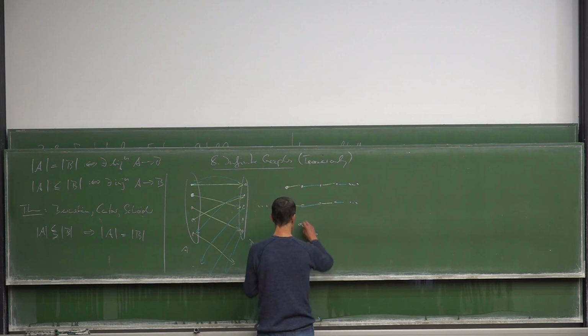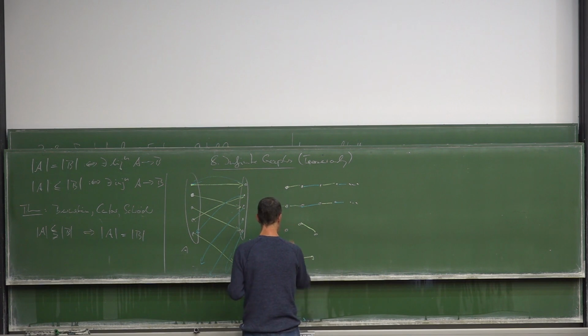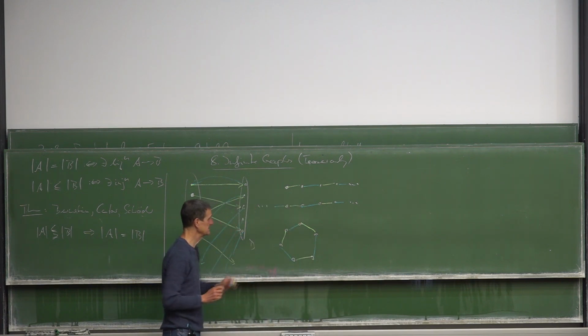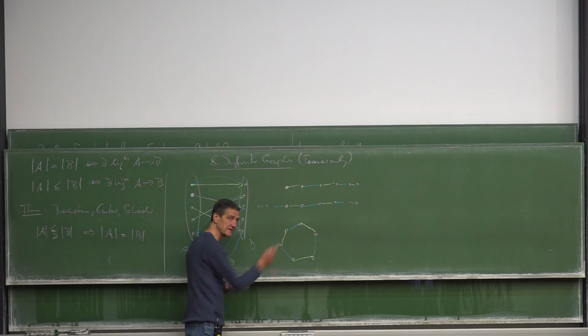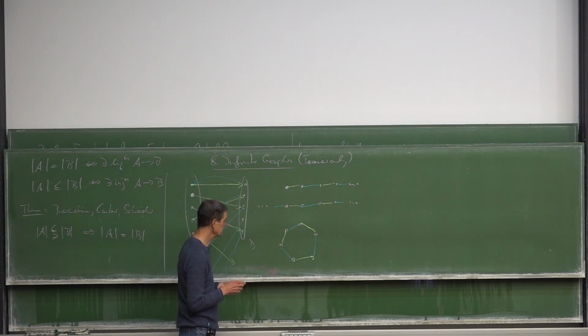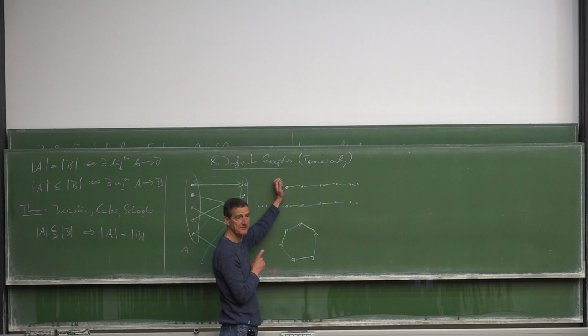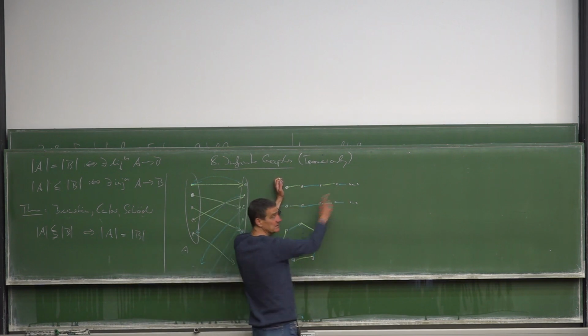And these will have to be, well, okay, let's get to that in a moment. We can have even cycles, where every vertex has degree 2. We saw already that we can't have finite paths because this never stops.